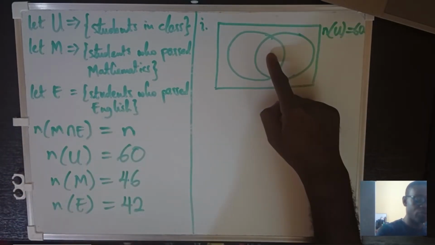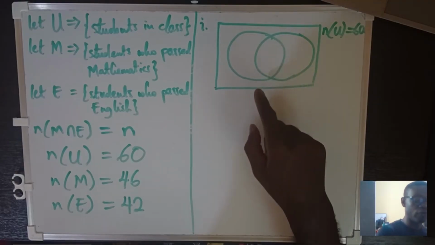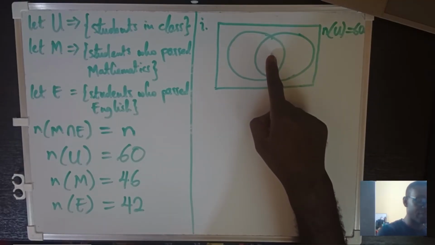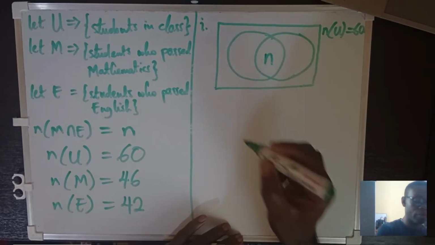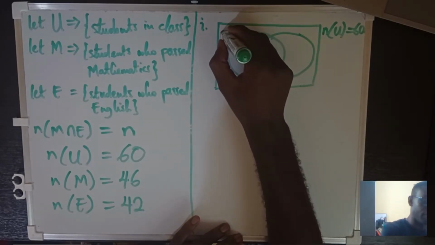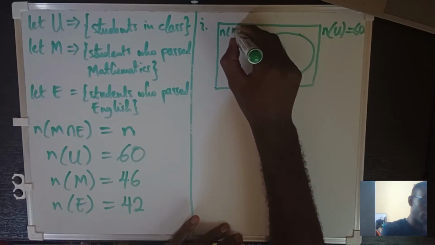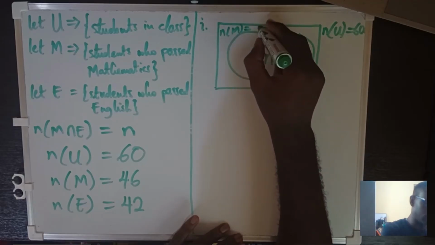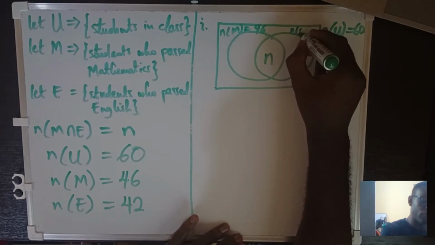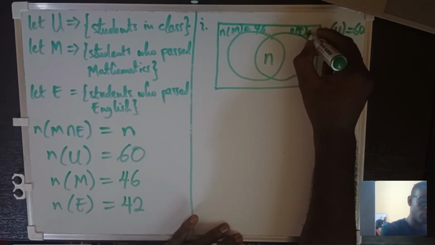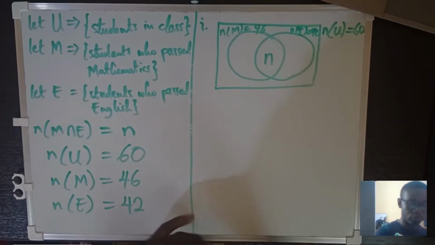We know that this region is the intersection. We've been told that we should let n represent the intersection, so that is where our n goes. Then this is M, n of M is 46, and n of E is 42.